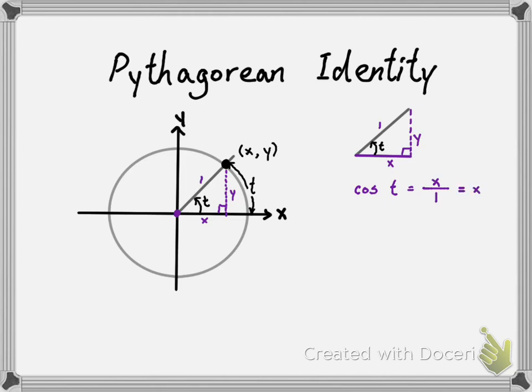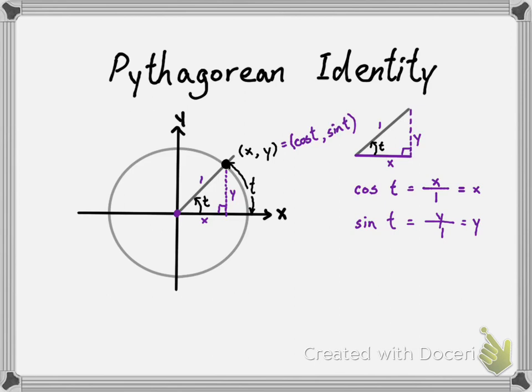In other words, cosine of t equals x, and sine of the angle equals opposite over hypotenuse equals y. In other words, sine t equals y. Therefore, we conclude that the point x, y is cosine t, sine t.